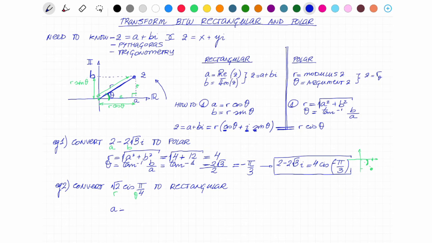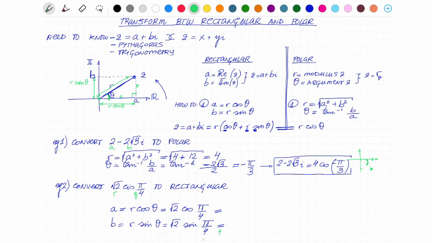So I can come here and go, okay, A is r cosine of theta, which is going to be square root of 2 cosine of pi fourths, and B is going to be r sine of theta, which is going to be square root of 2 sine of pi fourths.